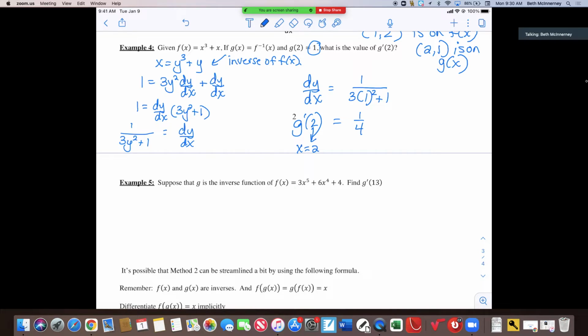Then on Thursday, we're going to press pause and practice 3.3 and 3.4. Friday, I am going to do 3.5, which is nothing new. It's just pausing. We've done a lot. We're going to look at how you decide which method to use when you're differentiating. Then next Monday, we're going to have a quiz on 3.3 and 3.4. Then Tuesday, we're going to do 3.6.